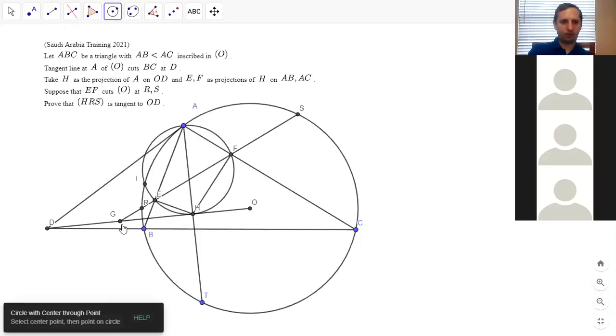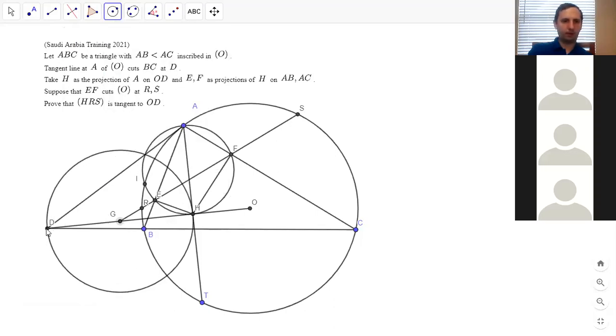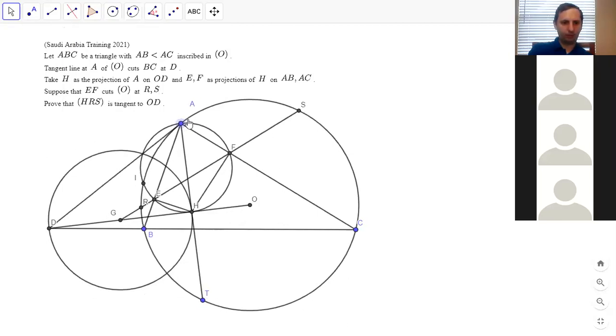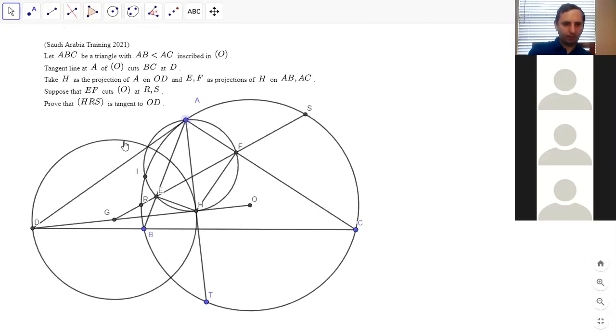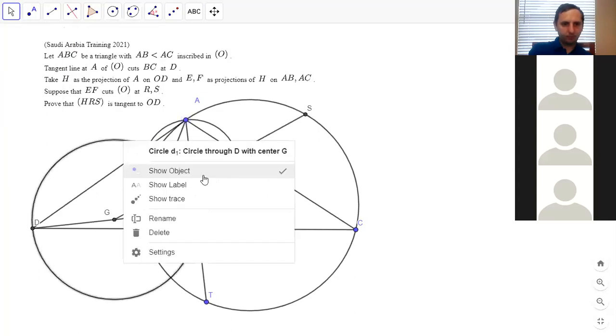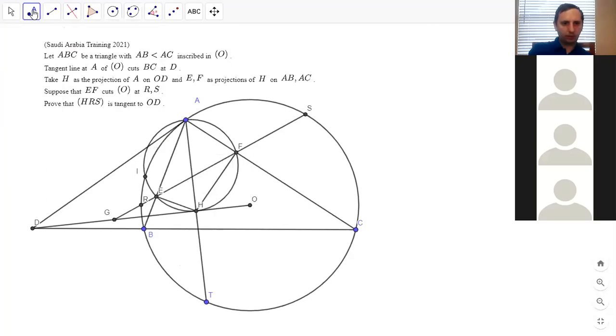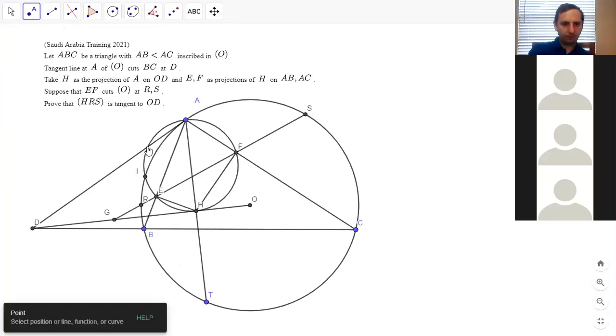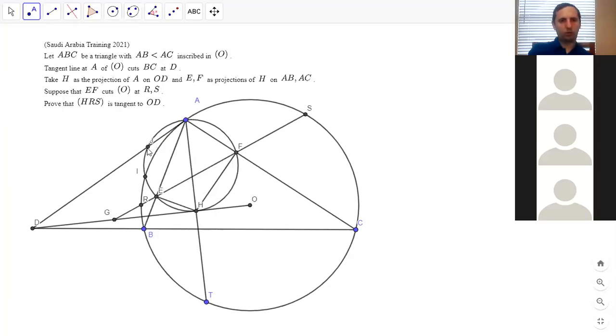Let's see. Yeah, it looks like it. And it looks like they might pass through this point. So this is kind of looking a little like the McKell point. That's a good observation. It looks like we could label this point. So yeah, it looks like G is this.